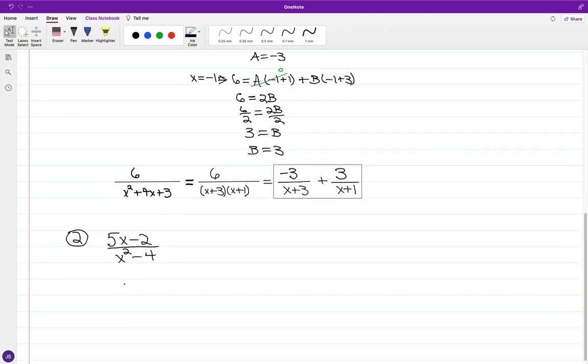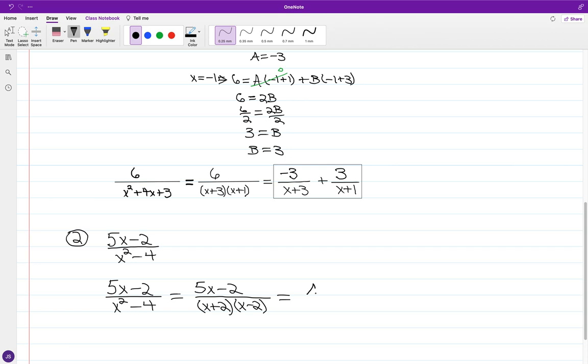So the denominator, we're going to have a difference of squares. Upon factoring, x squared minus 4 will factor out to x plus 2 and x minus 2.